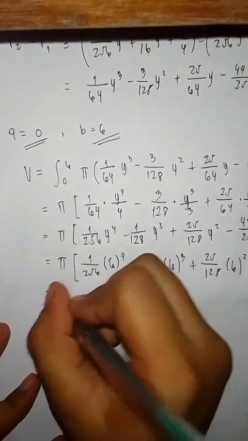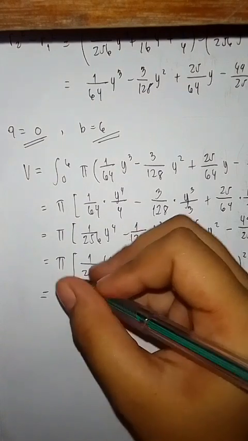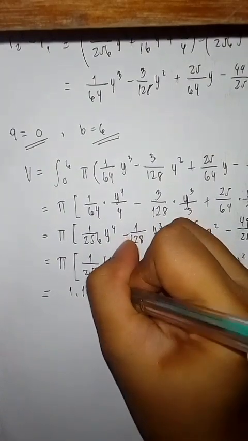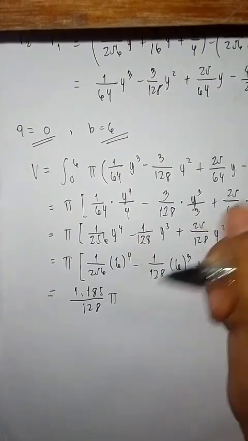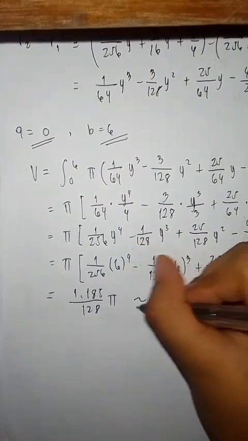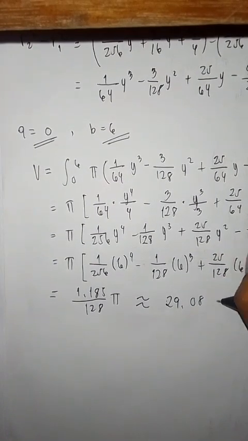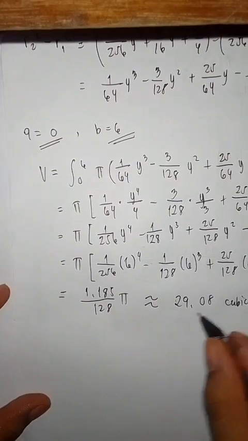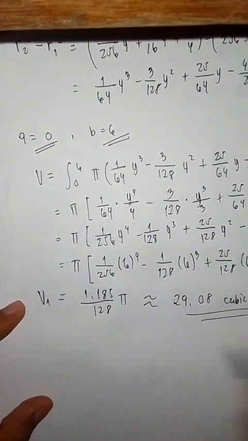So now, using the calculator, the result is 1,185 over 128 pi, or approximately 29.08 cubic units. So this is our volume 1.